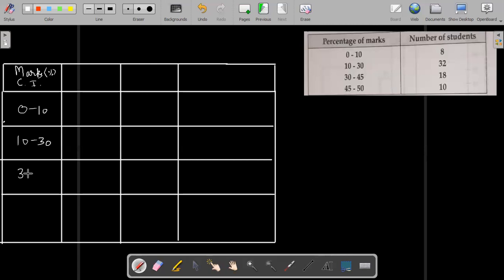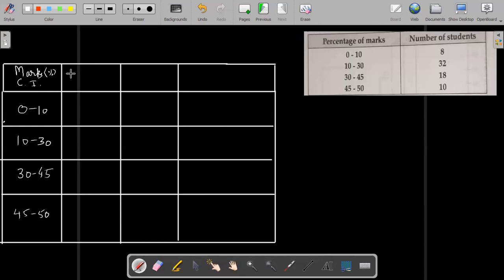If different widths are there, then we have to make the adjusted frequency or length of rectangle. We can say the adjusted frequency or length of the rectangle, same thing. Then 30 to 45, then 45 to 50 class interval.